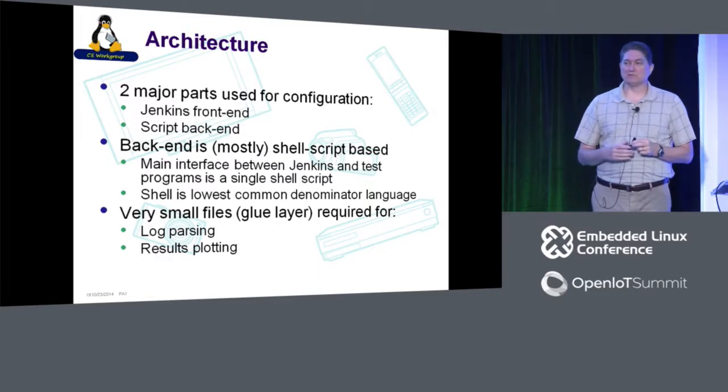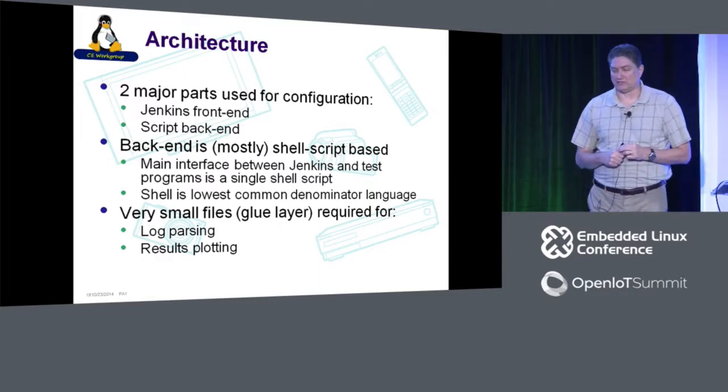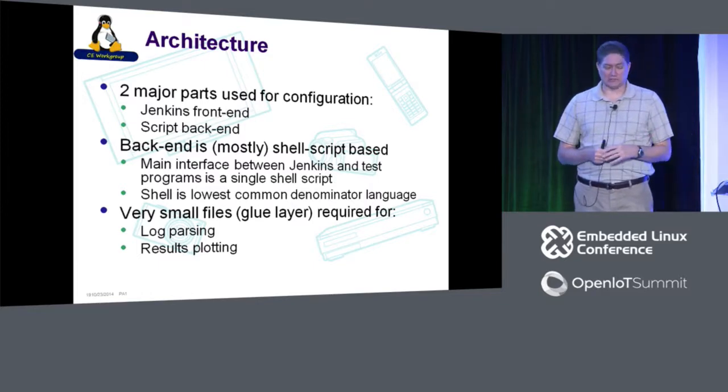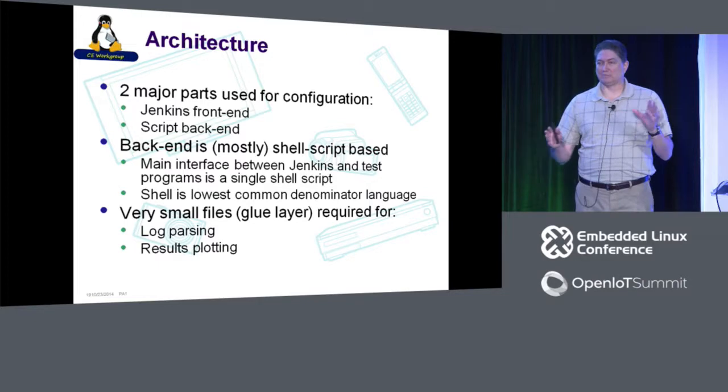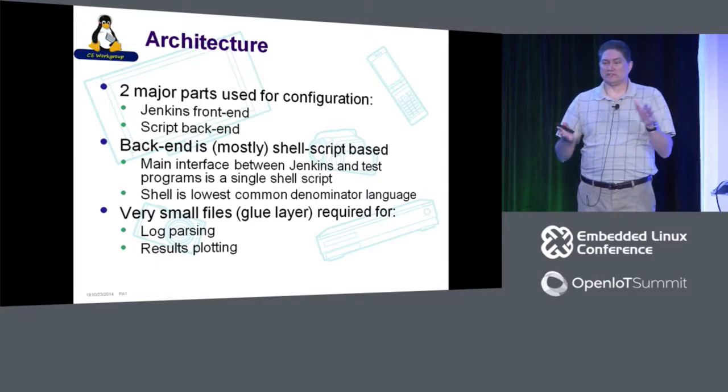The backend is almost exclusively written in shell script. The reason for that is shell is kind of a lowest common denominator language. We didn't want to impose C++ or Java or something else on you. So the main interface between Jenkins and the test programs themselves is this glue layer that's in shell script.